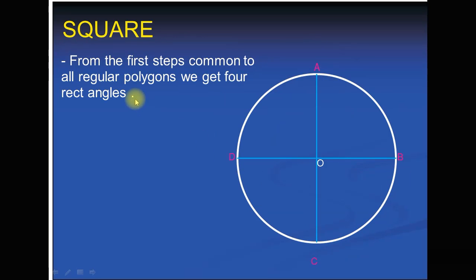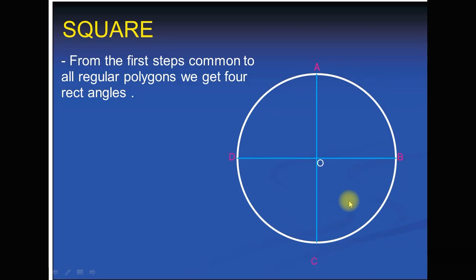Now for the square type polygon, from the first step common to all the regular polygons, we get 4 right angles. So first of all, locate the center of the circle and then put the compass at this point O and open the compass about some radius and draw the circumference.